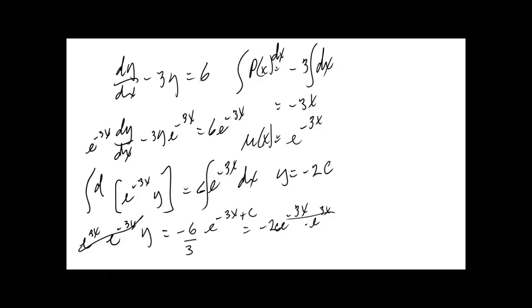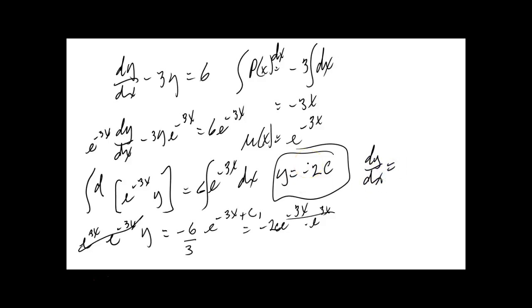Let's see. What is dy dx, if this is our answer? We'll call that a C1 in there. If that's our answer, I hope I did it right. What is dy dx?